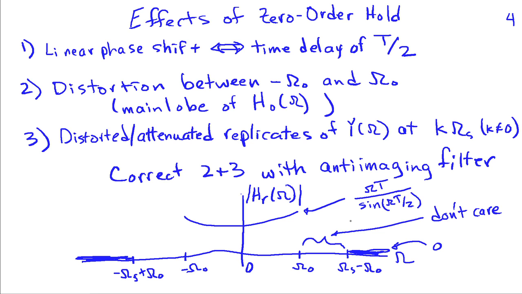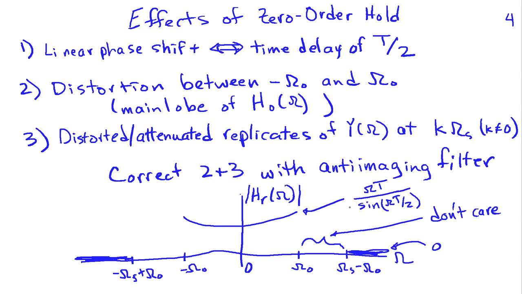So our anti-imaging filter is a low-pass filter, ideally, that has this sort of inverted sinc main lobe curvature in the passband, and then is 0 out at higher frequencies. Well, I see a mistake here in what I originally wrote down for the sinc function. There's a factor of 2 missing from the denominator, so we'll write that in there and make sure that the amplitude of that sinc function is correct.